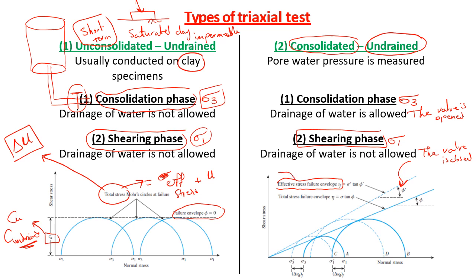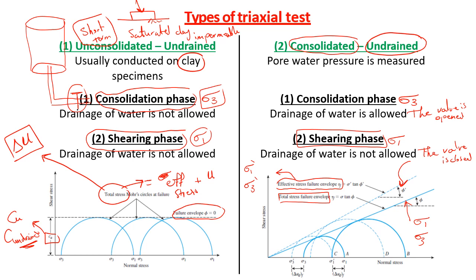This means that this failure envelope will be drawn in terms of sigma 1 prime and sigma 3 prime. On the other hand, the other failure envelope is the total stress failure envelope, drawn in terms of total stresses, which are sigma 1 and sigma 3.